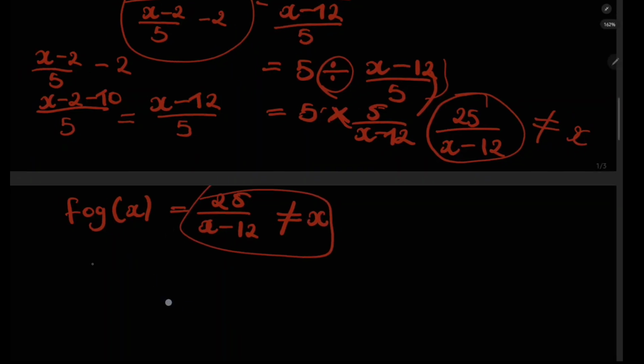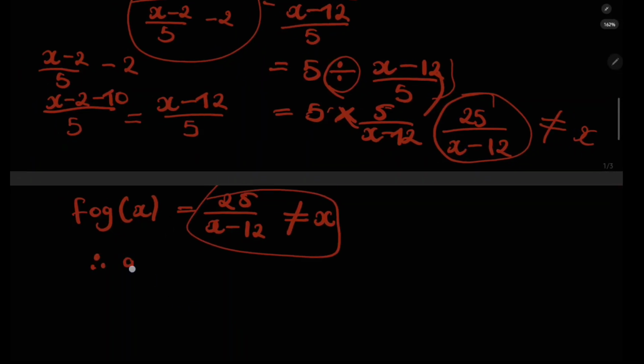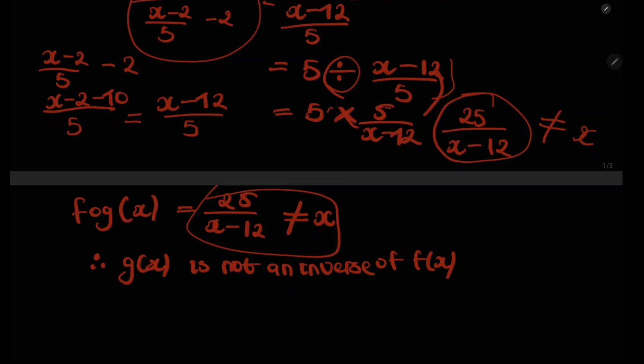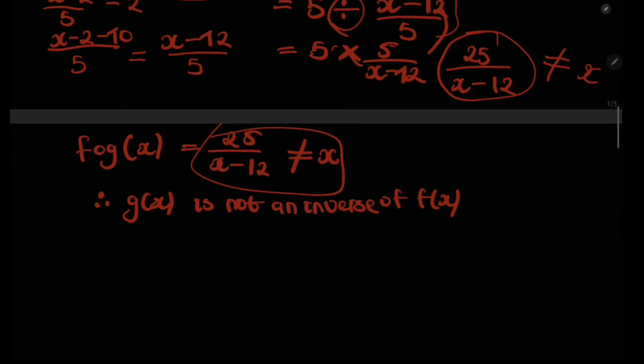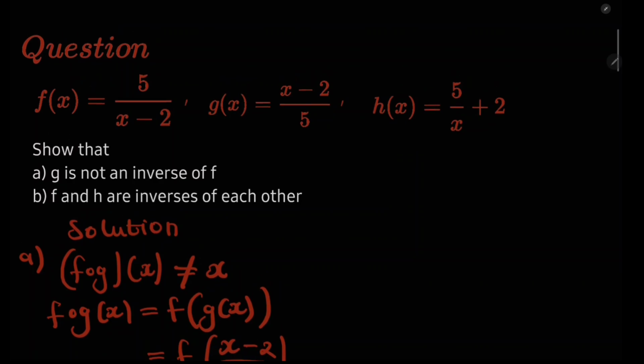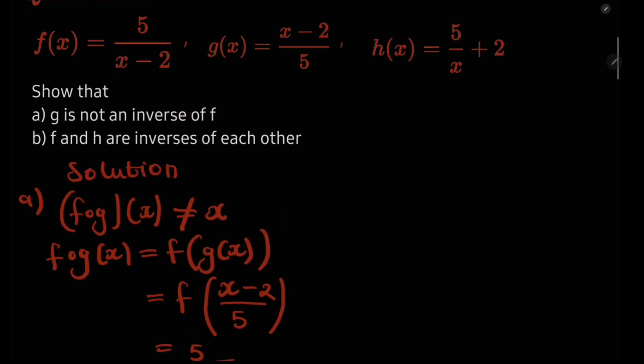So we can conclude, therefore, that g of x is not an inverse of f. That's it for the first question. Now we have the second question.